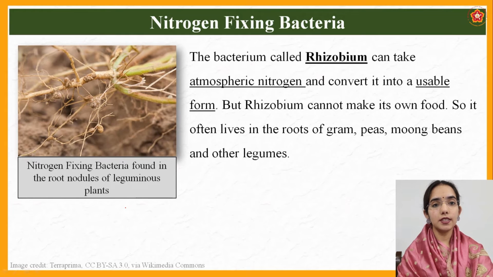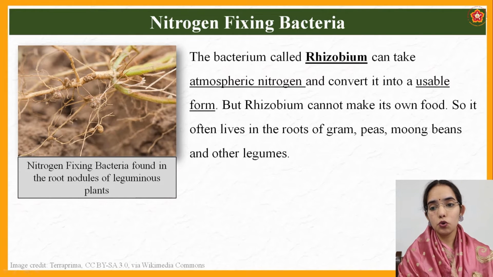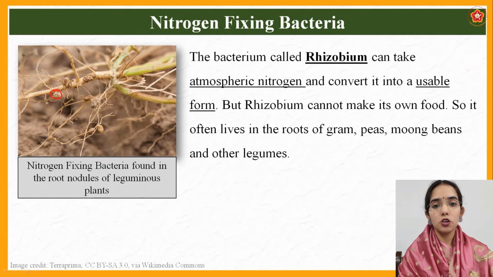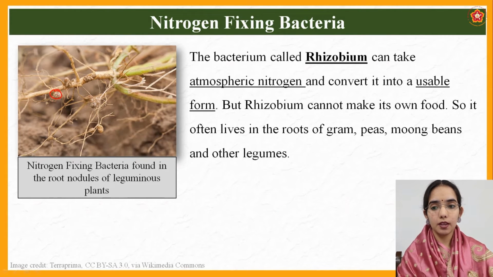So over here you can see root nodules being formed, right? The bacterium called rhizobium can take in atmospheric nitrogen and convert it into usable form. And these nodules are being formed by this bacteria only. But rhizobium cannot make its own food.